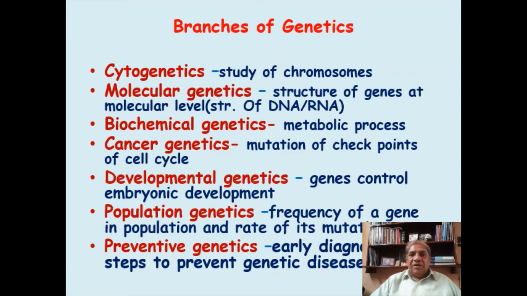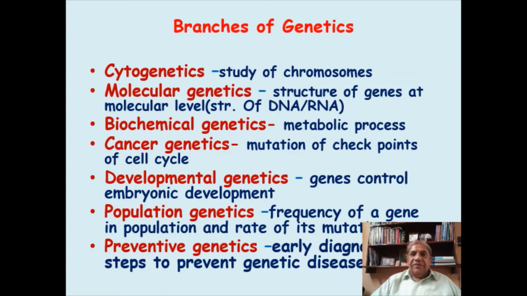Now, biochemical genetics is the study of the various metabolic processes which are determined by the genes. For example, in biochemistry classes, you will learn various diseases of a biochemical nature, which are also called inborn errors of metabolism.